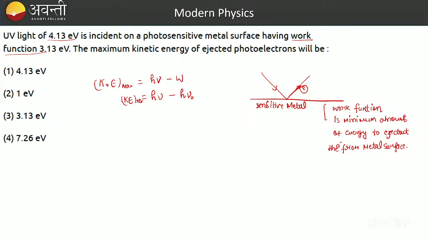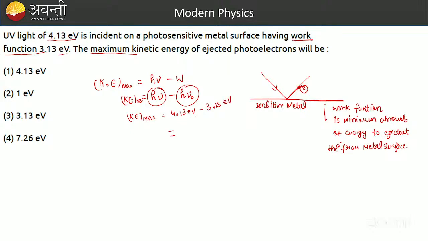Now here in this question it is being asked what is the maximum kinetic energy of the ejected photoelectron. So kinetic energy max equals h nu, which is the energy of the incident ray, 4.13 electron volt, minus the work function, also given in electron volt. No need to convert the unit. This is 3.13 electron volt.